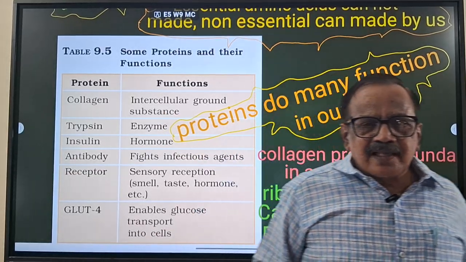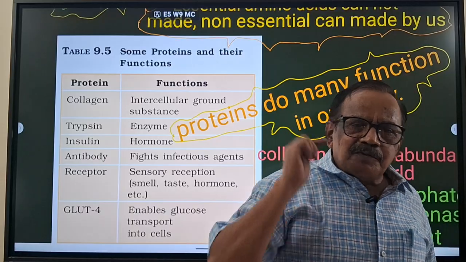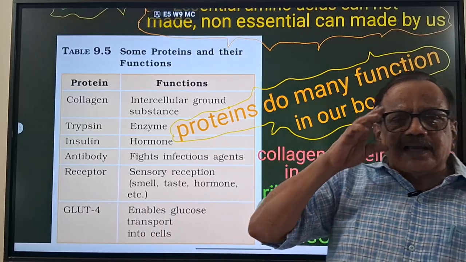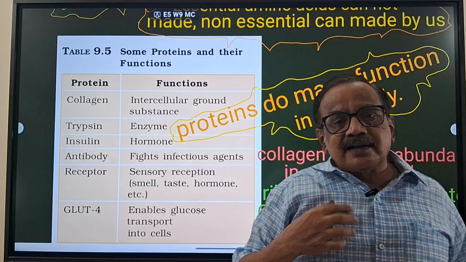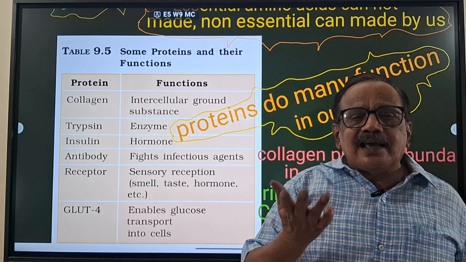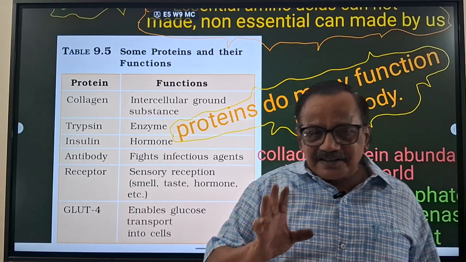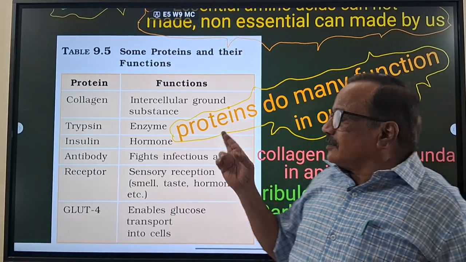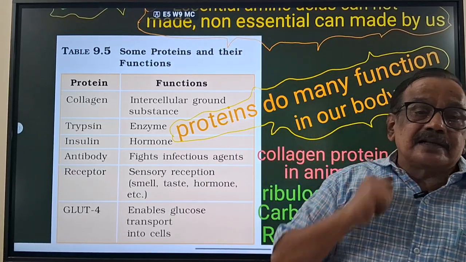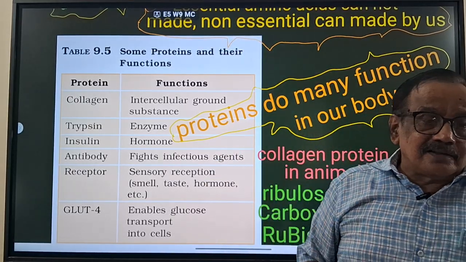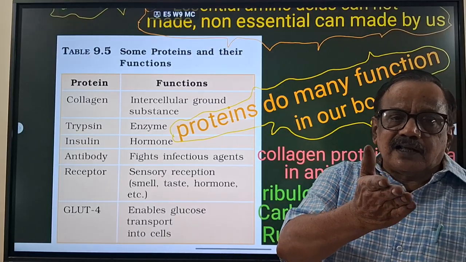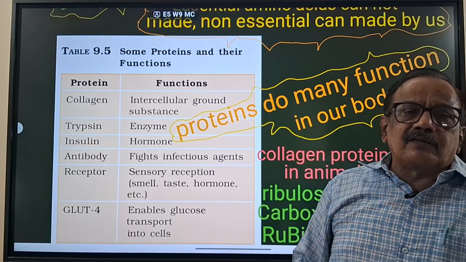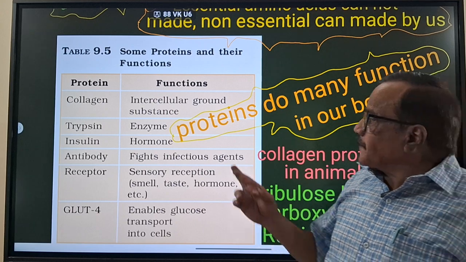Now I want to tell you one point: this is in animals. In plants, what is it? The middle lamella. Go and see there; like that you have to prepare. It is made up of calcium pectate, which he has given in the cell wall preparation.